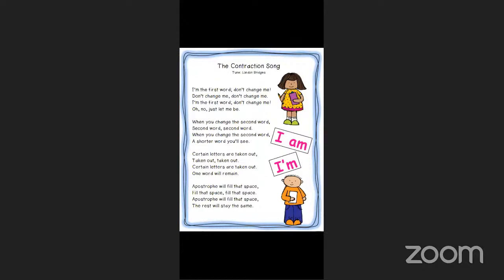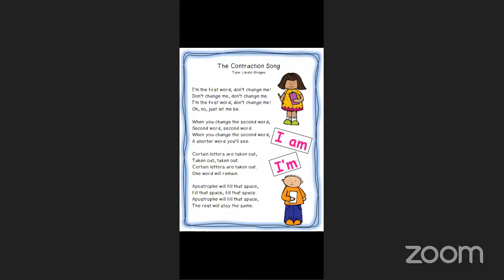Certain letters are taken out. One word will remain. Apostrophe will fill that space. The rest will stay the same.